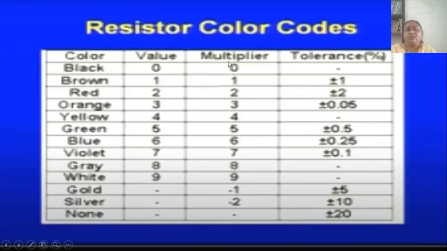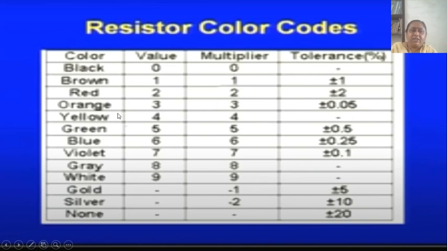Resistor color codes. This chart indicates the value of the different colors. Black has the value 0, multiplier is 0. Brown has value 1, multiplier is 1, and its tolerance is plus minus 1. Red has value 2, multiplier is 2, and its tolerance is plus minus 2.